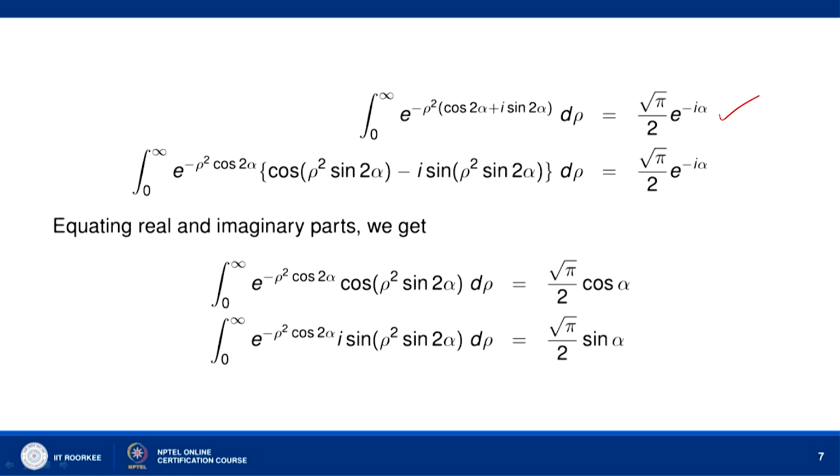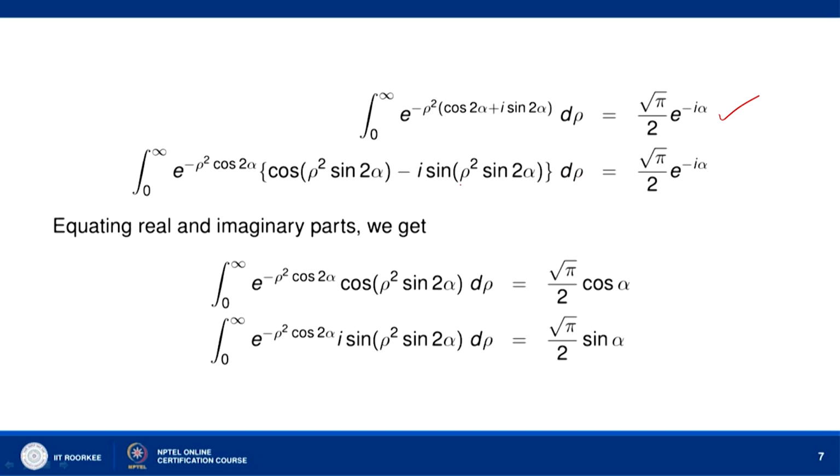This e to the power i alpha which was here comes here because it is independent of rho. So, then 0 to infinity e to the power minus rho square cos 2 alpha into e to the power minus i rho square sin 2 alpha, that is cos of rho square sin 2 alpha minus i sin of rho square sin 2 alpha, d rho equal to this.